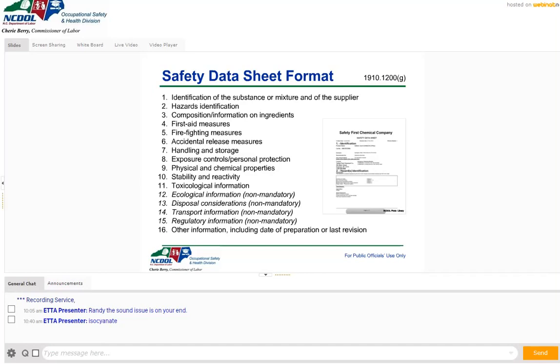Now, if you're a safety professional, a lot of times you'll get somebody from another part of your facility come to you and say, I want to throw away this chemical. Can it go to the landfill? Well, there you're getting into your environmental questions, but those are questions you'll get. And the safety data sheet will say, do not dispose of in a sanitary landfill. This is a hazardous waste.